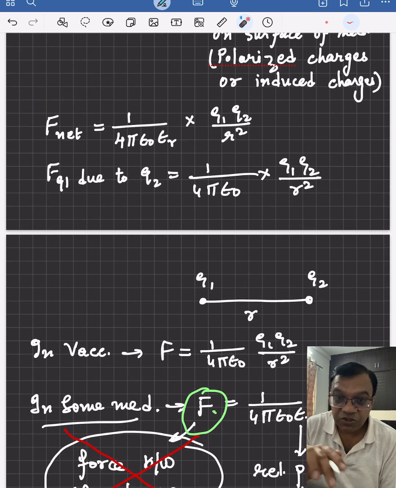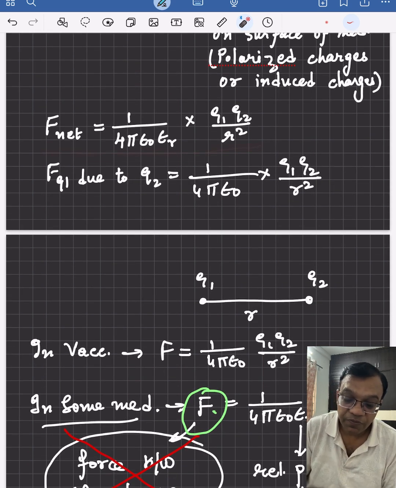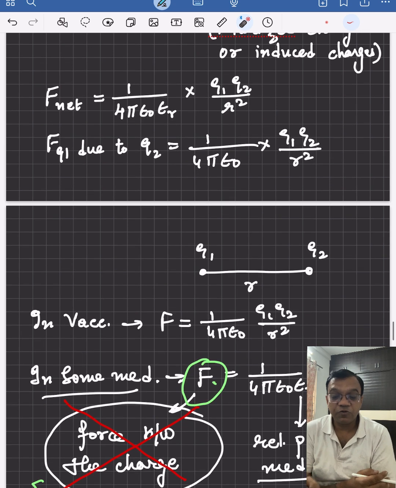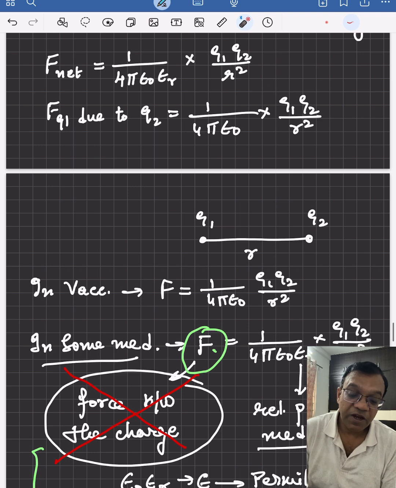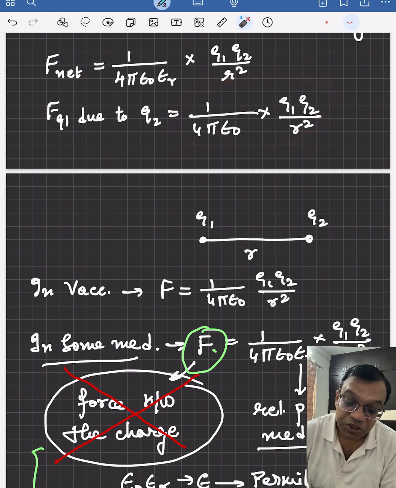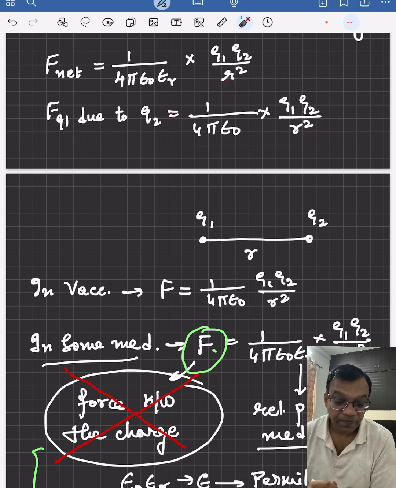Now, this total resultant force is equal to 1 upon 4 pi epsilon naught epsilon r q1 q2 upon r square. And the force due to Q2 is not changing. It remains the same.